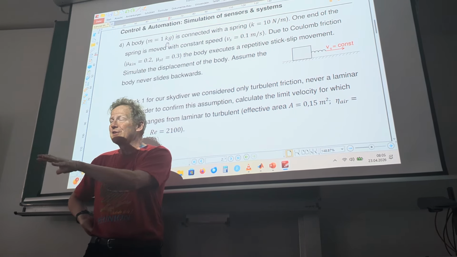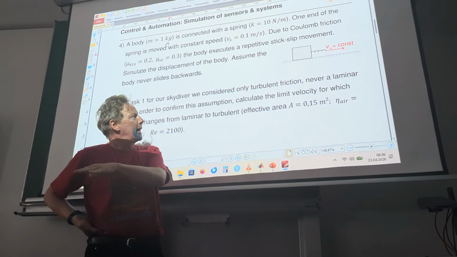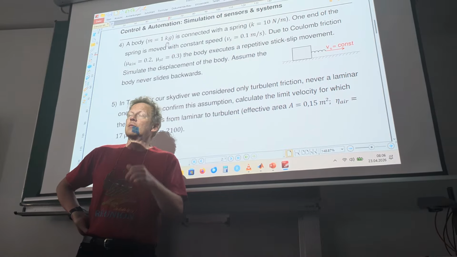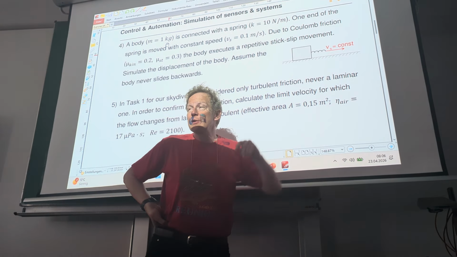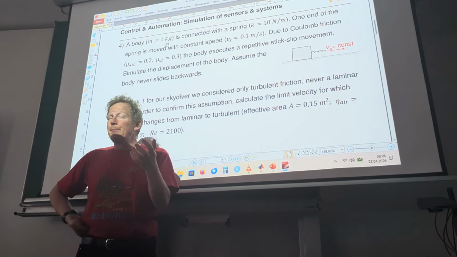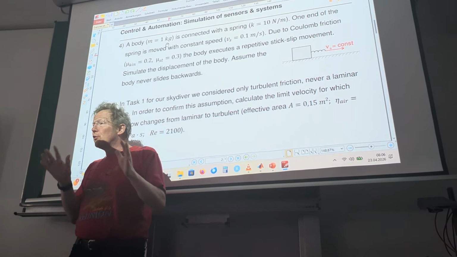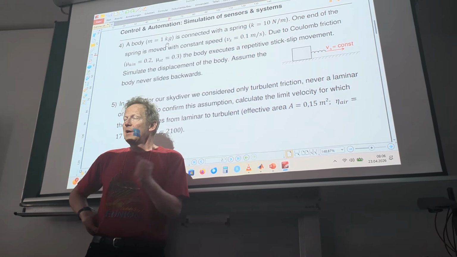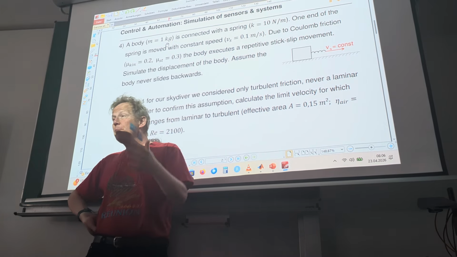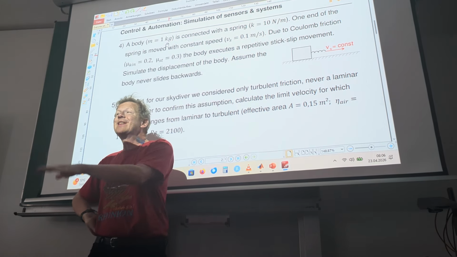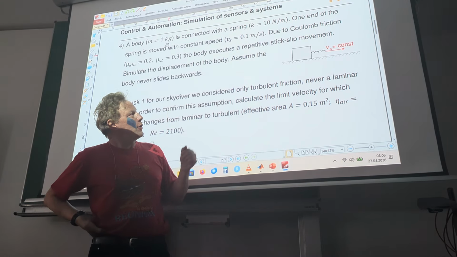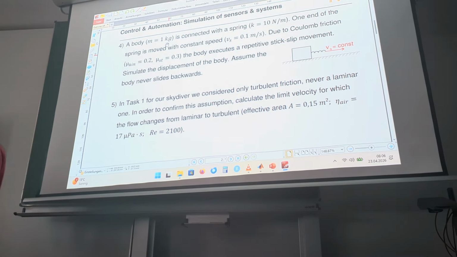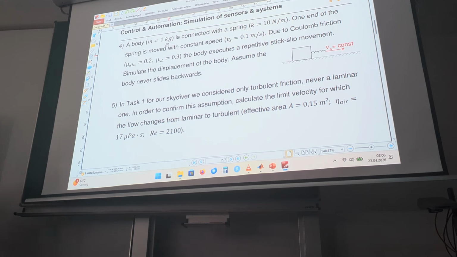The block sticks to the ground, and only when we pass a certain limit of force, then this block will start moving. But depending on the forces, it will not move all the time. It will make, let's say, one jump, and then it will stick again, and then it will repeat this movement. And this repetition might produce a sound.